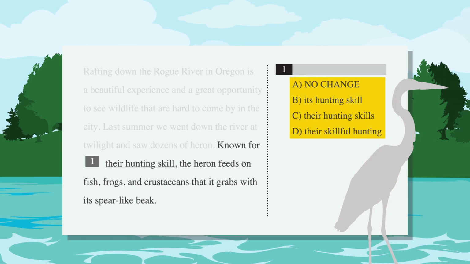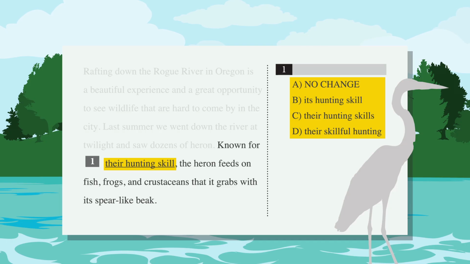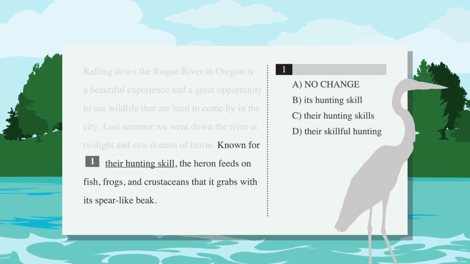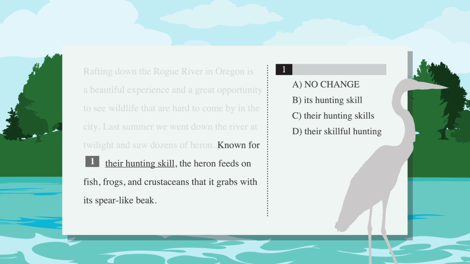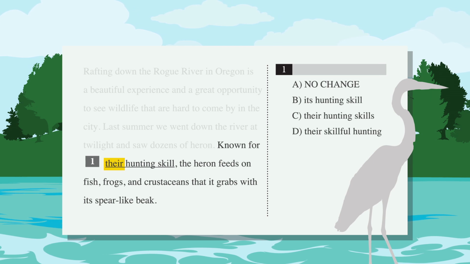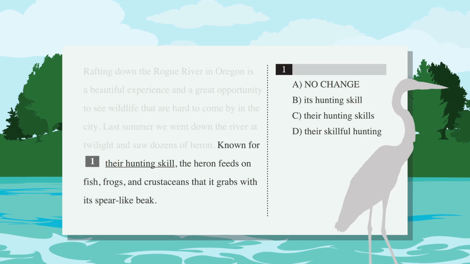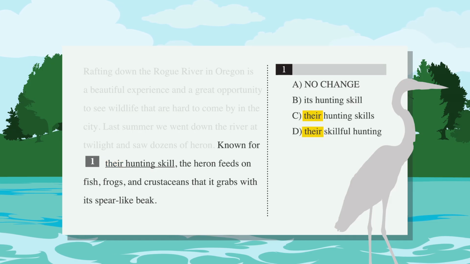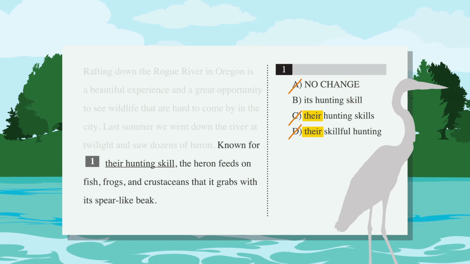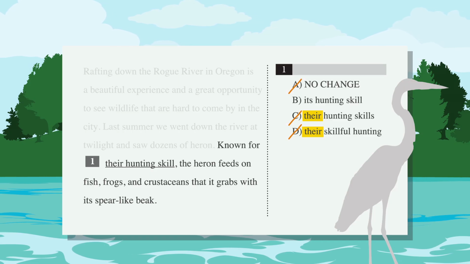Our answer choices are all variations of the underlined part of the sentence. In this sentence, the heron is being referred to as the species, which serves as a unified group or collective noun. But the pronoun in this sentence, their, is plural. That doesn't work. So let's cross off every answer choice that uses a plural pronoun. So that means A, C, and D are all incorrect, leaving us with answer choice B.